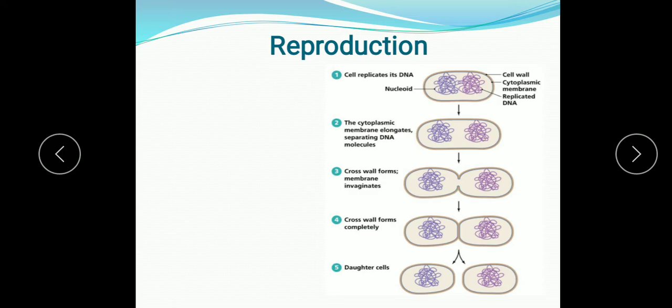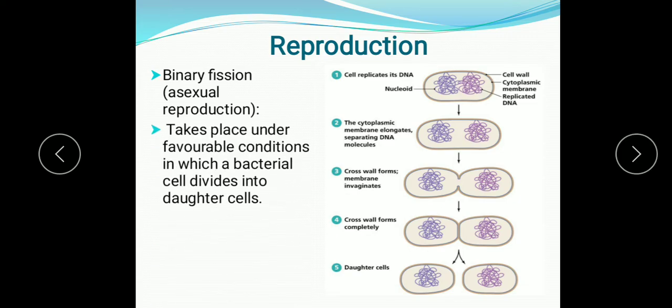Now the next topic we are going to study is reproduction. In bacteria we study two types of reproduction, that is sexual reproduction and asexual reproduction. As per your syllabus, in asexual reproduction we are going to study binary fission.